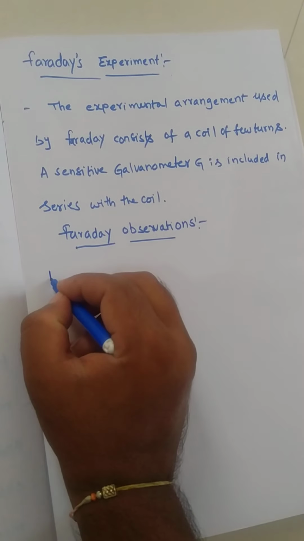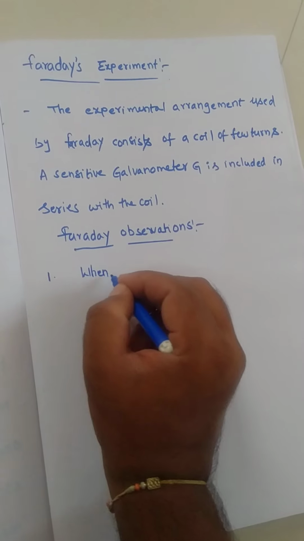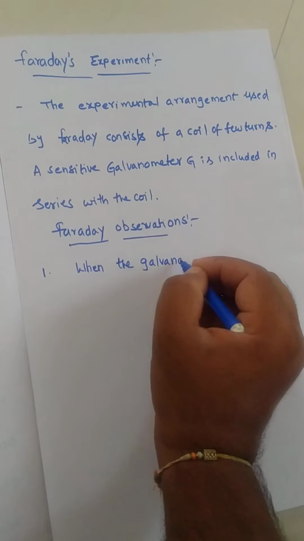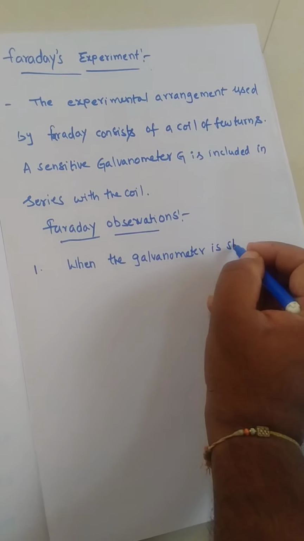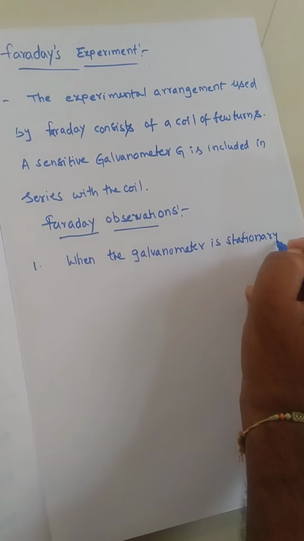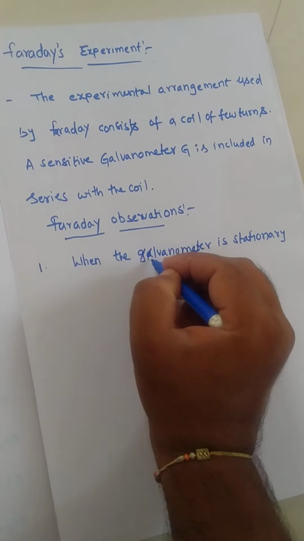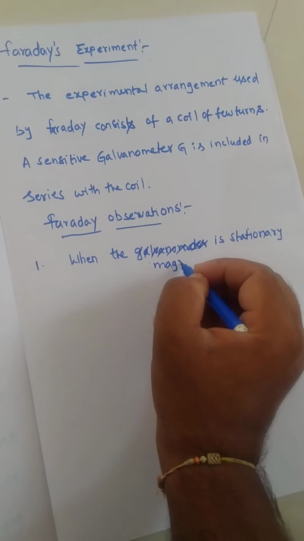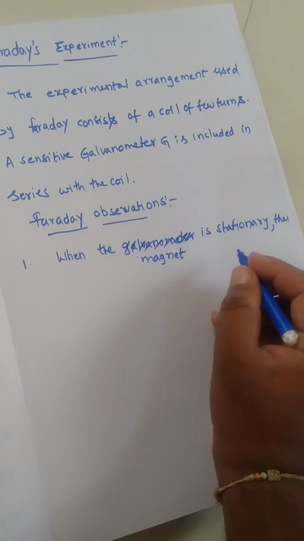First one: when the magnet is stationary, then there is no deflection in the galvanometer.